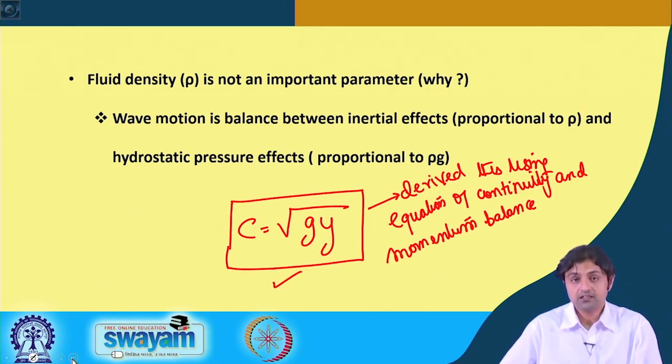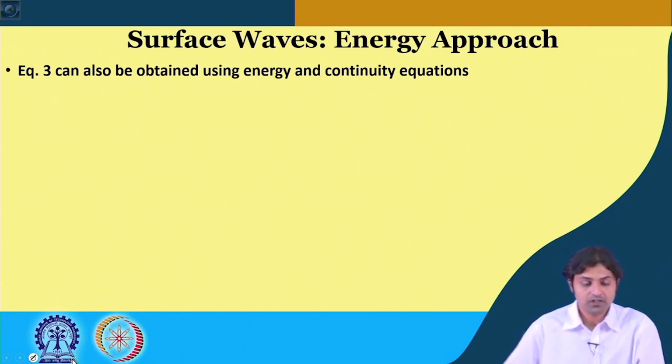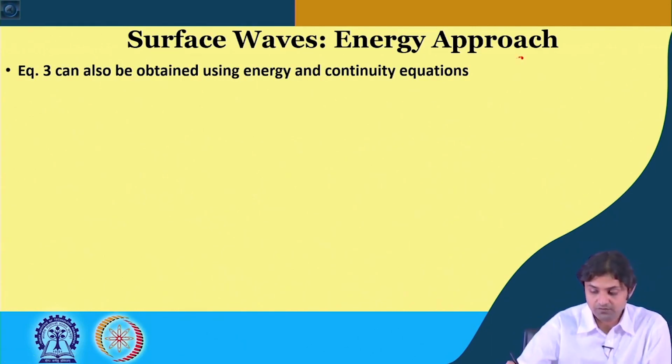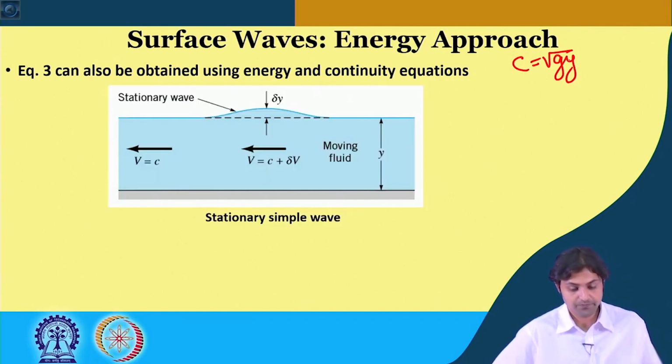So, I said that this was derived using the continuity and momentum balance. However, the same result can also be obtained using the energy balance approach. Okay. So, equation number 3, c is equal to under root g y, can also be obtained using energy and continuity equations instead of momentum.